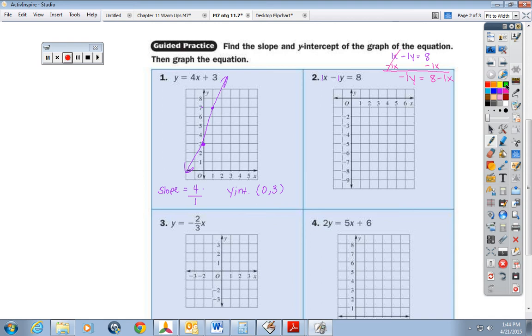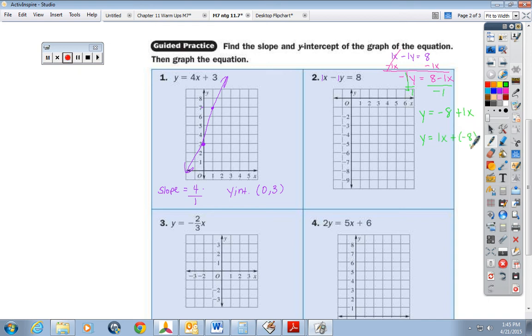When I do that, I get y equals, what is positive 8 divided by negative 1? Negative 8. Negative 1 divided by negative 1? Positive 1, x. So again, we could rewrite this so that it's in true slope-intercept form. These two are the same.